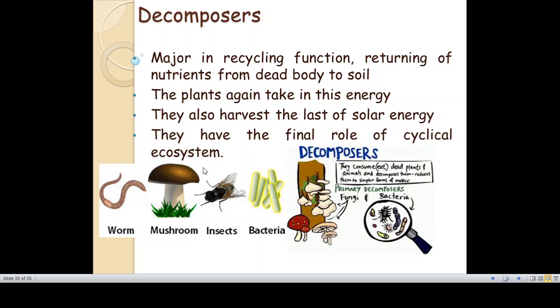Similarly, in today's lecture we have seen how the organisms, from primary consumer to secondary to tertiary to quaternary and to decomposers, are all dependent on each other. If there is no primary consumer, there will be no secondary consumer, or there will be a lack of secondary consumers, and of course this chain will follow, and finally the existence of living organisms will be reduced to nothing.